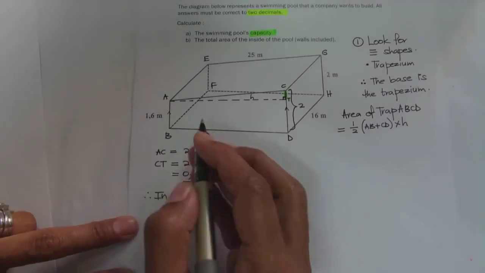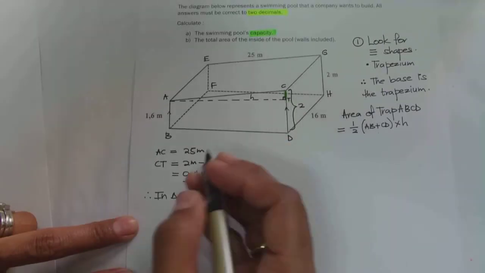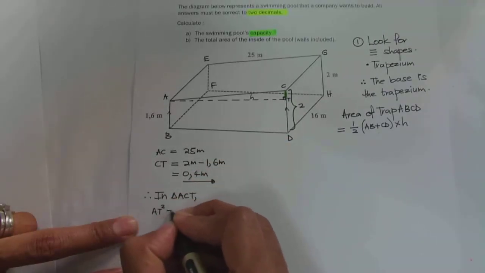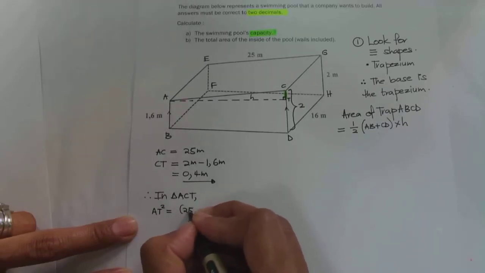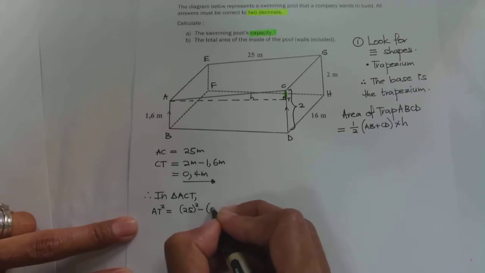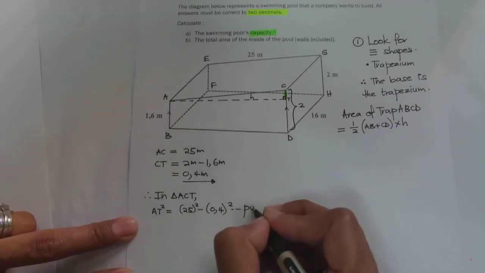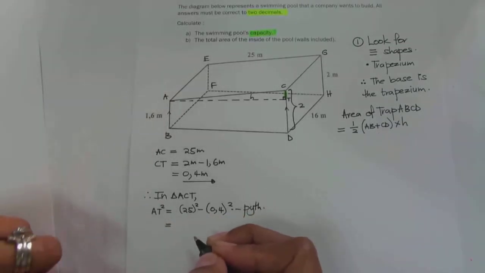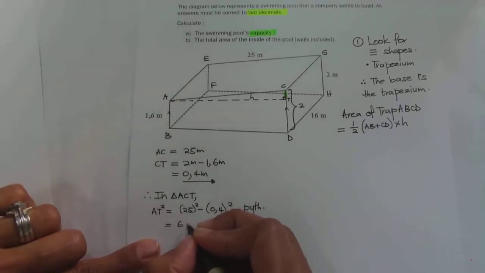The hypotenuse would be AC. So therefore, AT squared is equal to 25 squared minus 0,4 squared. And the reason is Pythag, and that gives you 624,84.